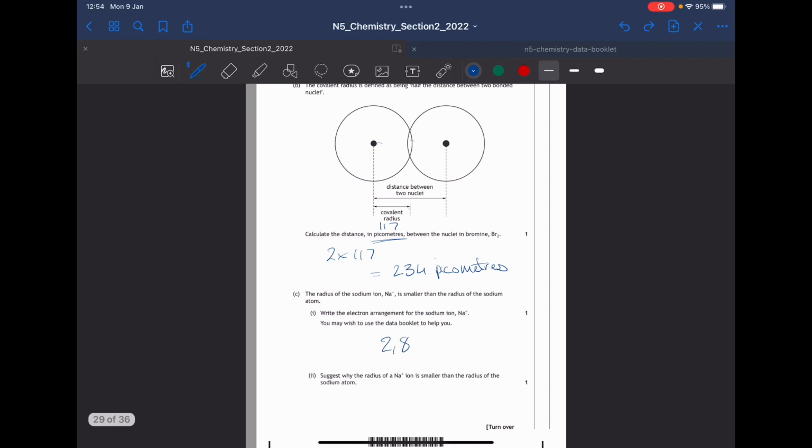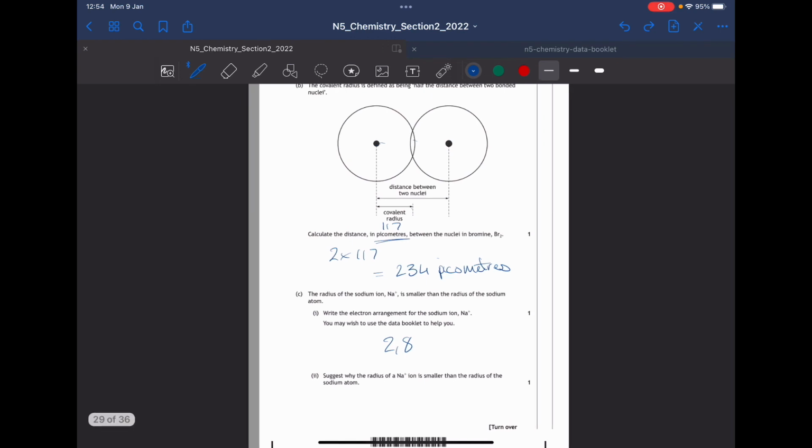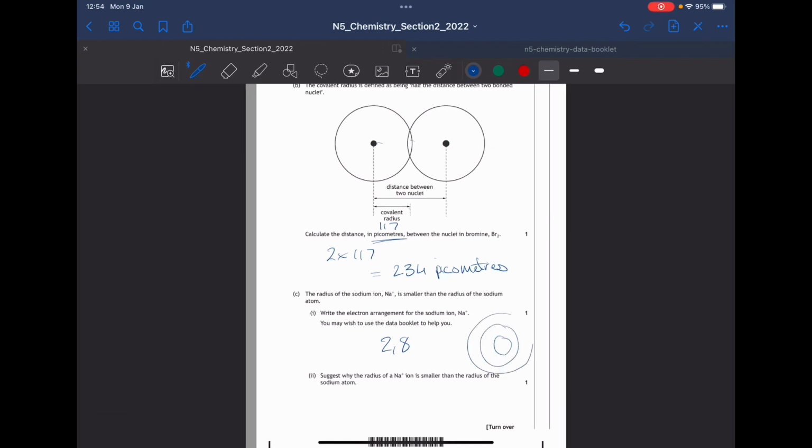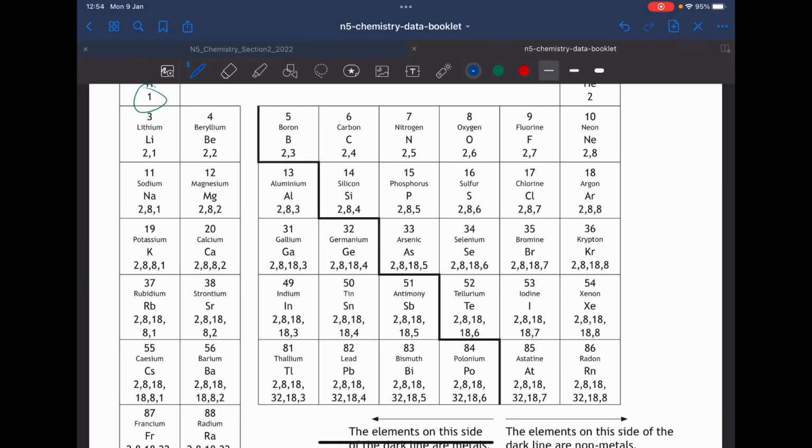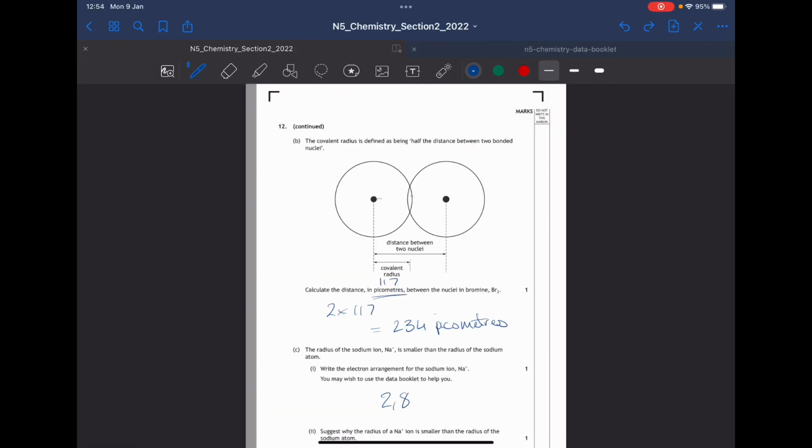If you remember the structure of the atom, it's got electron shells and they are like layers, kind of like an onion. So the sodium ion is 2,8, so that's got 2 electron shells occupied. The sodium atom is 2,8,1, so that's 3 electron shells occupied. So the atom is bigger because it's got an extra shell of electrons.